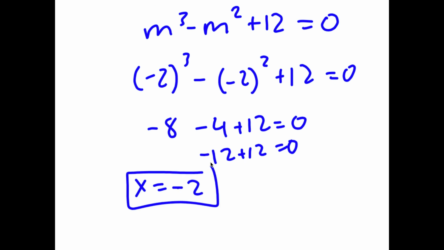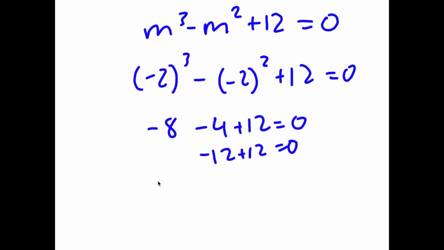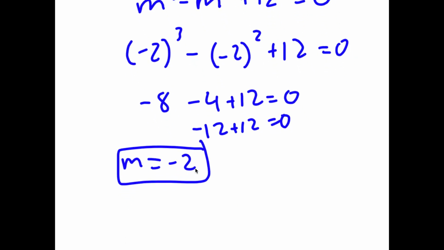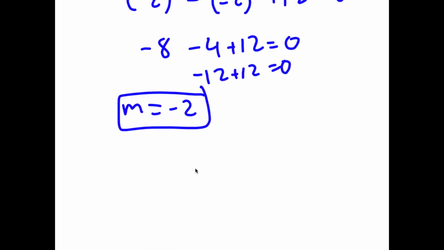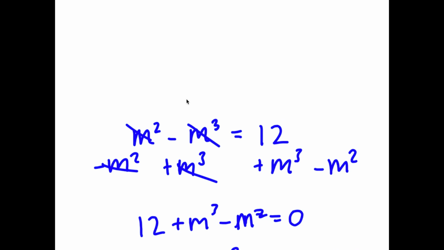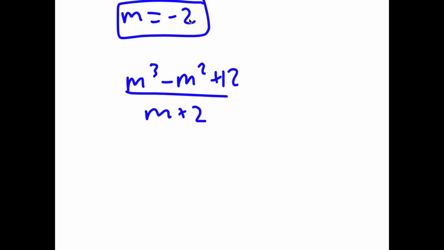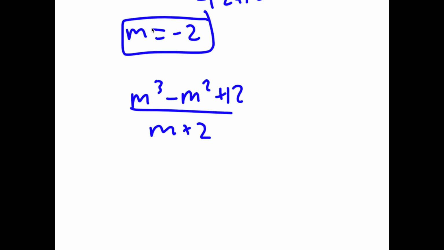I can use this to find the rest of the solutions, by dividing my equation here, m to the power of 3 minus m squared plus 12 by m plus 2, because m plus 2 is the same thing as saying m equals negative 2 is a solution.